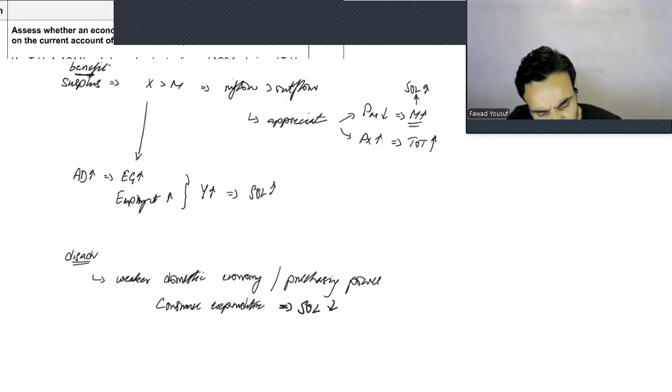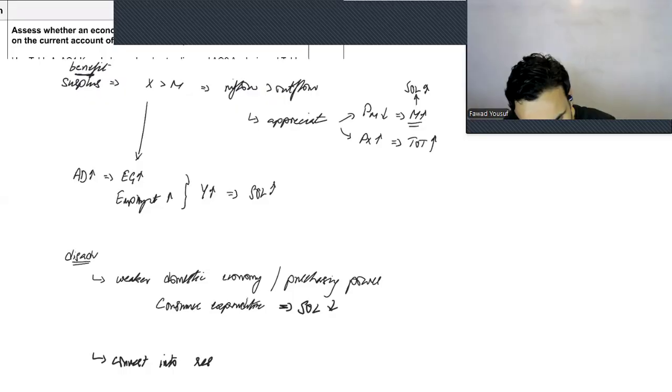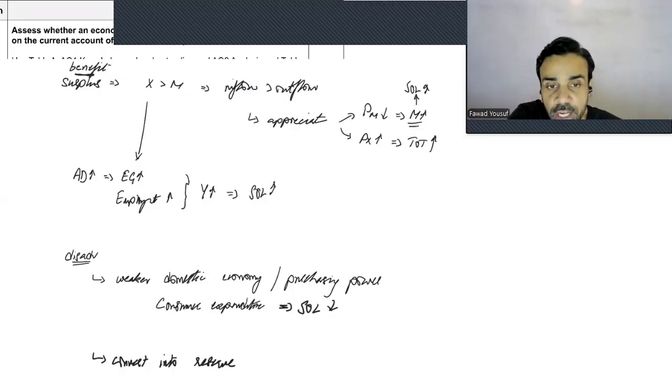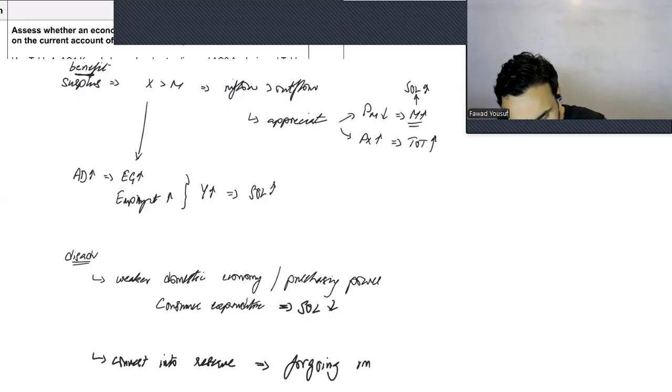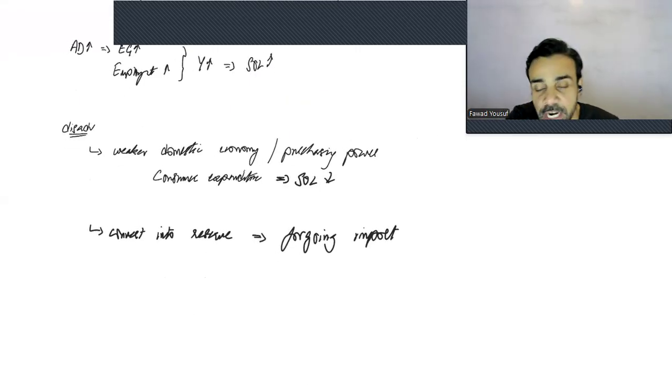There are things that we mention about surplus. Sometimes when you have a surplus, you convert that surplus into reserves, foreign currency reserves, which the Chinese do. So what is happening is that by keeping the reserves, you are forgoing current imports, which you could have imported, and that could have improved the standard of living for your people.